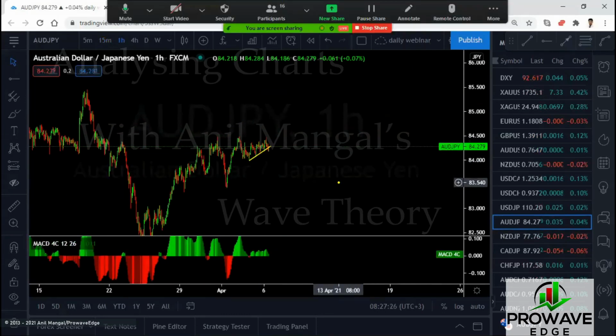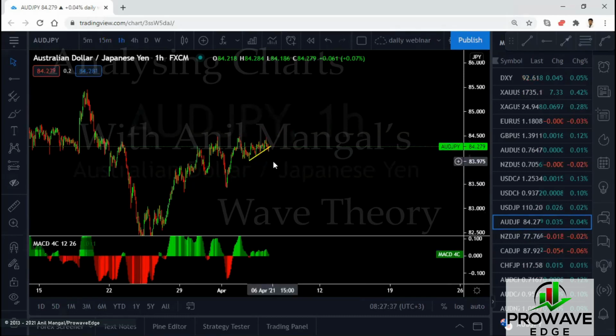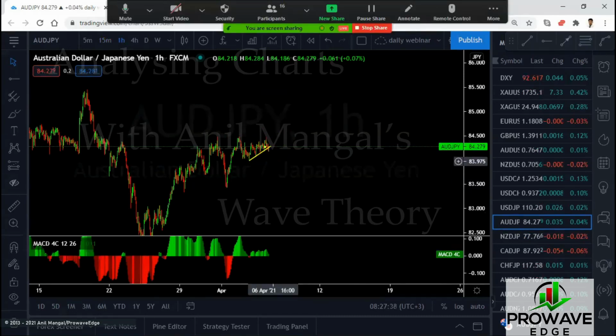I expect this to break down here first, come back to about this level, and then go. If we break the top, then we don't have to come back to the low. If this goes and breaks the top like this, they'll just do this and then go. It's a buy setup, right? You get this, and then you'll expect it to come back here and then go.